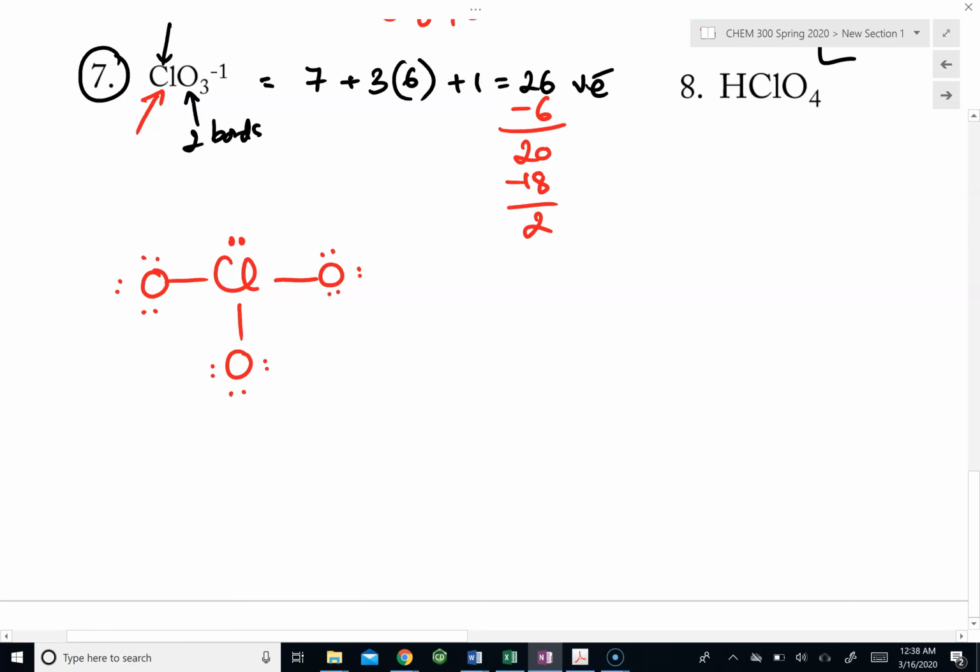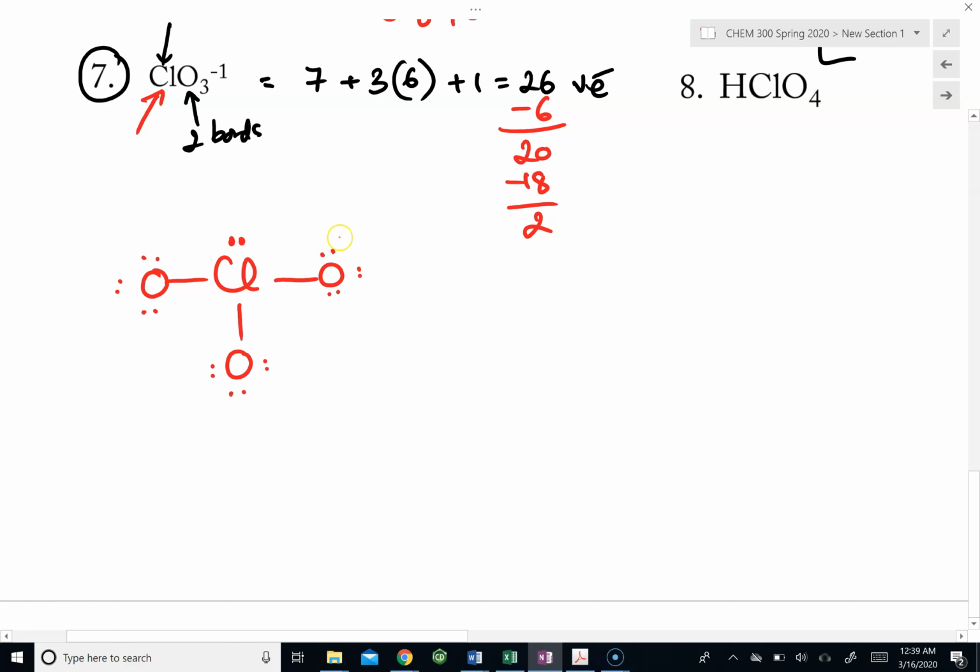But are we done? Don't forget step 7, calculating the formal charges, because we need to know whether to form a double bond to the central chlorine. So calculating the formal charge of the chlorine is very important.